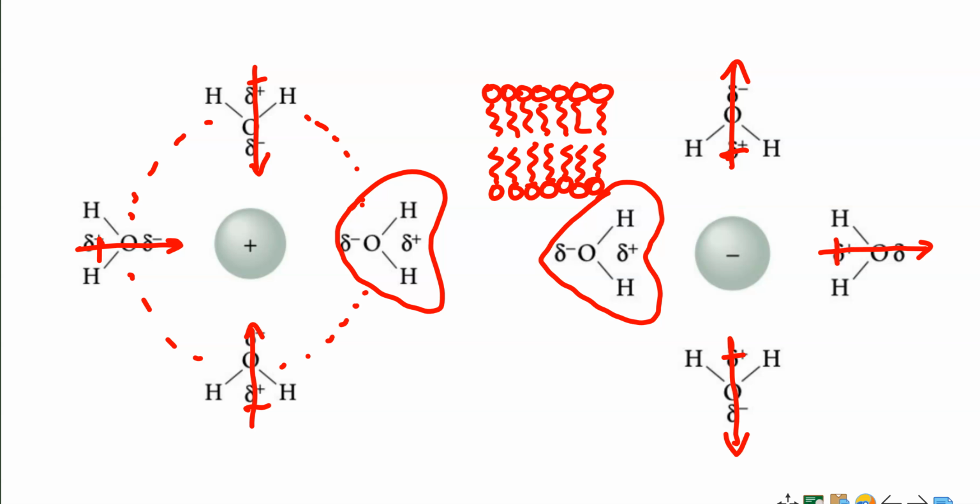So this whole idea of the phospholipid bilayer is actually based on whether or not they are attracted to water, and this is grossly not to scale, or whether they're repelled from water, okay, which has to do with which way the dipoles are going.